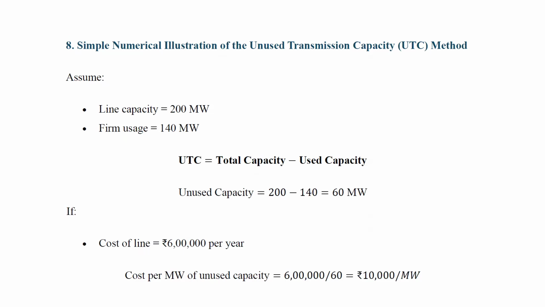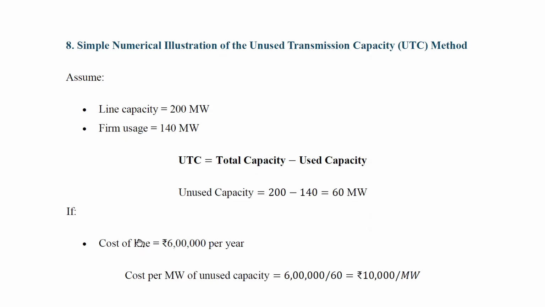So how to calculate this UTC? UTC is nothing but total capacity minus usage capacity. Total capacity is 200 megawatt, and firm usage is 140 megawatt. So 200 minus 140 is 60 megawatt. 60 megawatt is the unused capacity, that is UTC, unused transmission capacity.